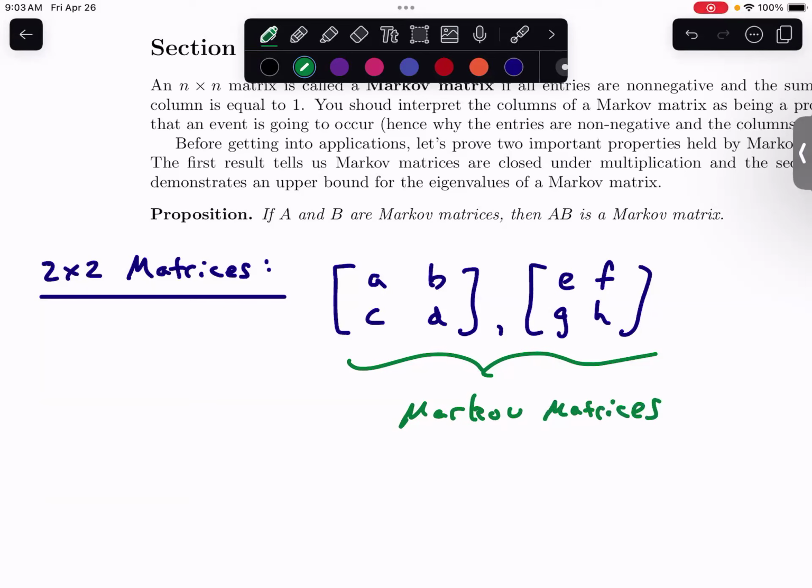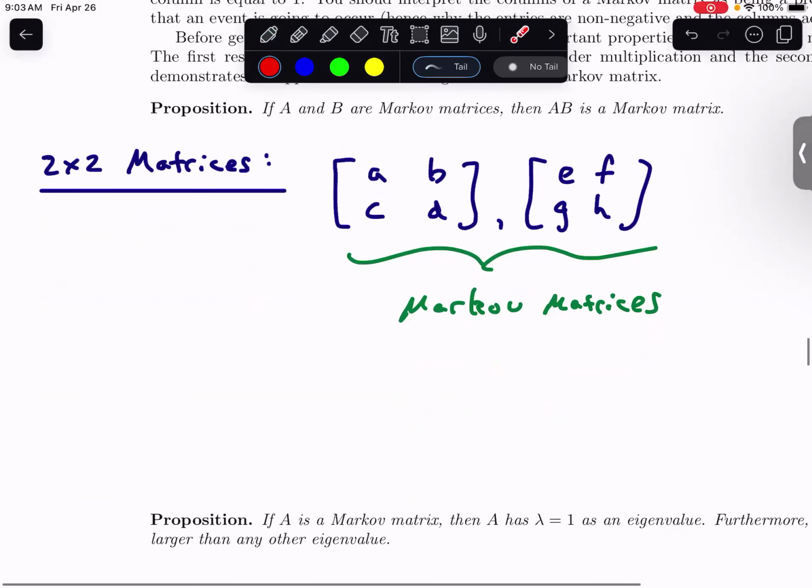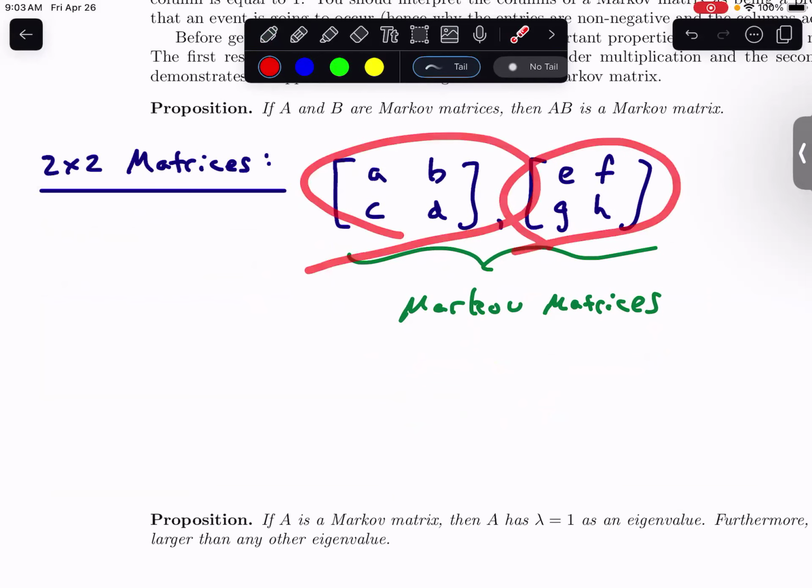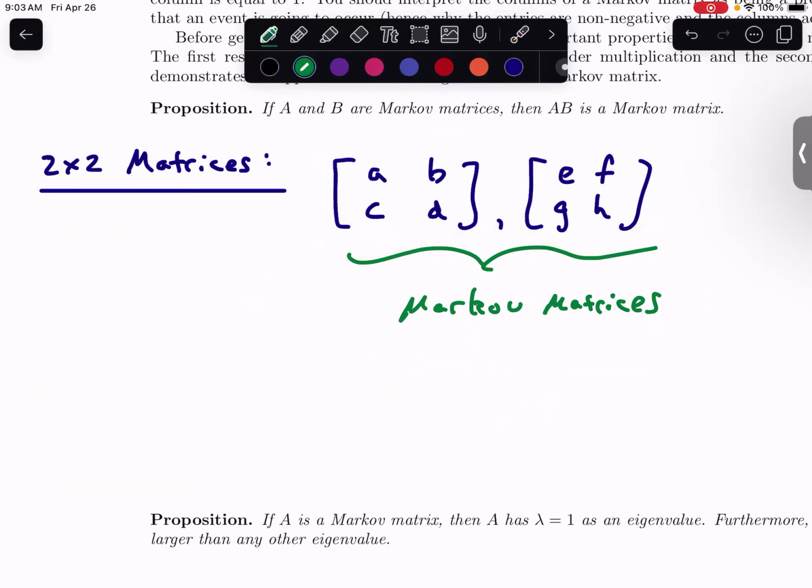If we want to show that these matrices are closed under multiplication, you just multiply them together and see if the columns end up adding to 1. All these entries are non-negative, so if you take the product of the 2, the entries will still be non-negative.